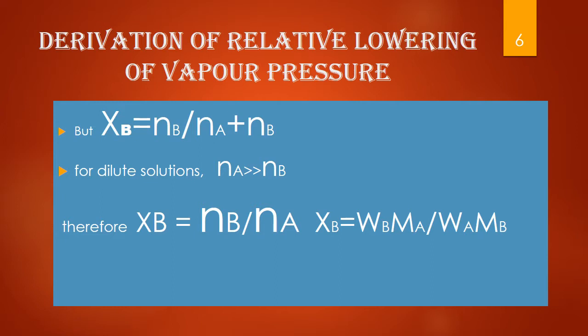So XB takes the form nB divided by nA. Reason? nB is negligibly small compared to nA. On substituting the values of the number of moles, you get the formula as XB is equal to WB MA divided by WA MB.